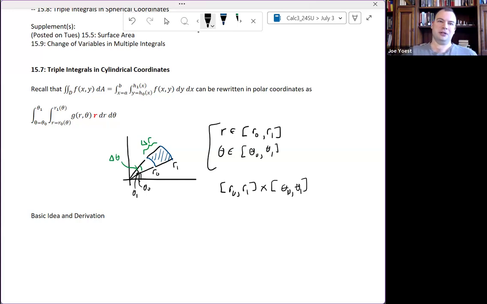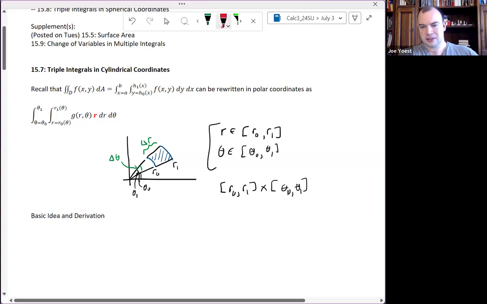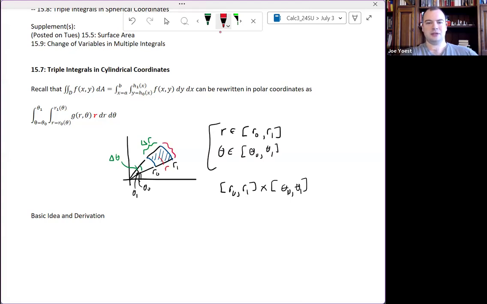If I'm far away from the origin, it sweeps out a larger area. So we want to account for that. And we note that for some radial distance r, this circular arc, this arc length, is actually r delta theta.